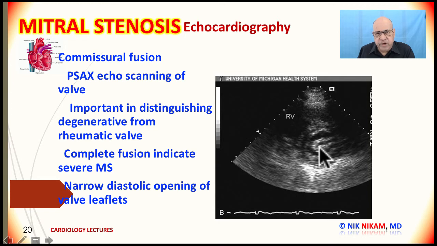This is especially useful in transesophageal echocardiography, where we can get a much better delineation of the edges of the leaflets, so we can accurately measure the mitral valve area. Complete fusion may indicate severe mitral stenosis, and if the orifice size is less than 1 centimeter square, that is suggestive of critical mitral stenosis.